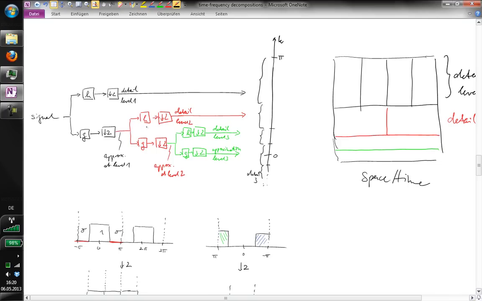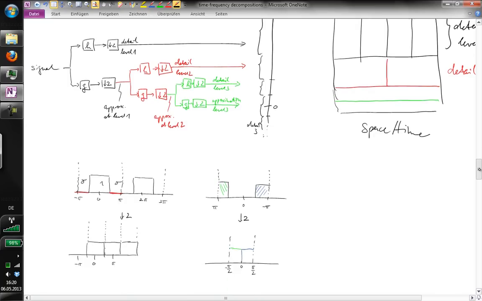The downsampling by a factor of 2 means that from 4 samples I go to just 2 more. And then there's this third split here, accomplished by using these high and low pass filters.